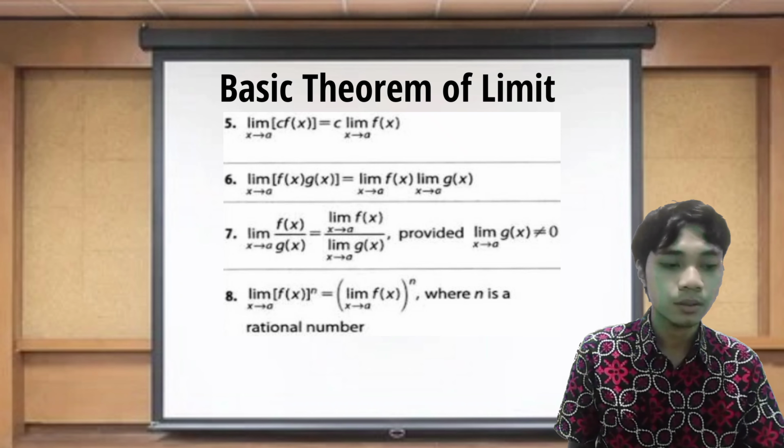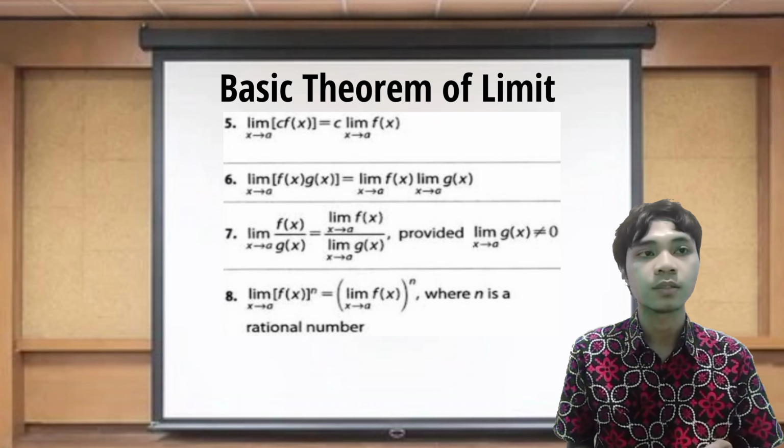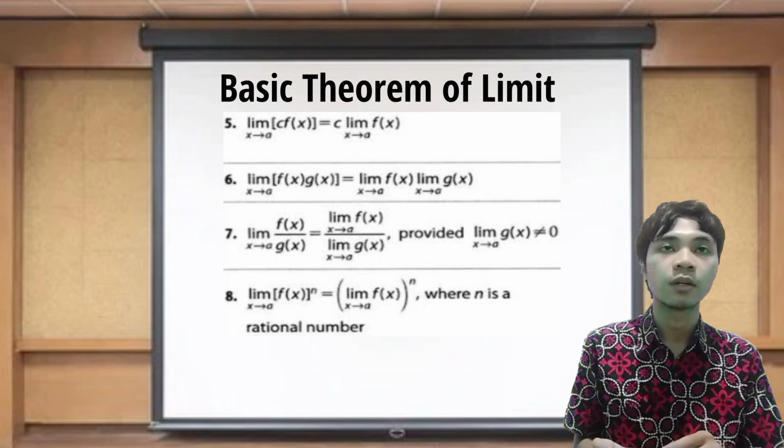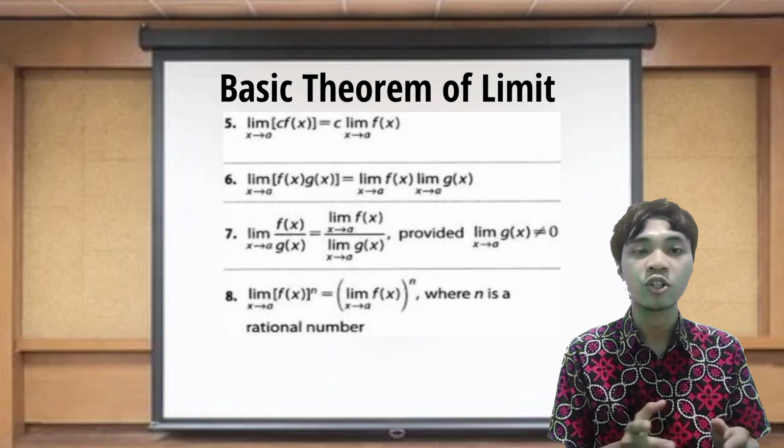Number 8, the limit of f(x) to the power n as x approaches a equals the limit of f(x) as x approaches a, in brackets, to the power n, where n is a rational number.